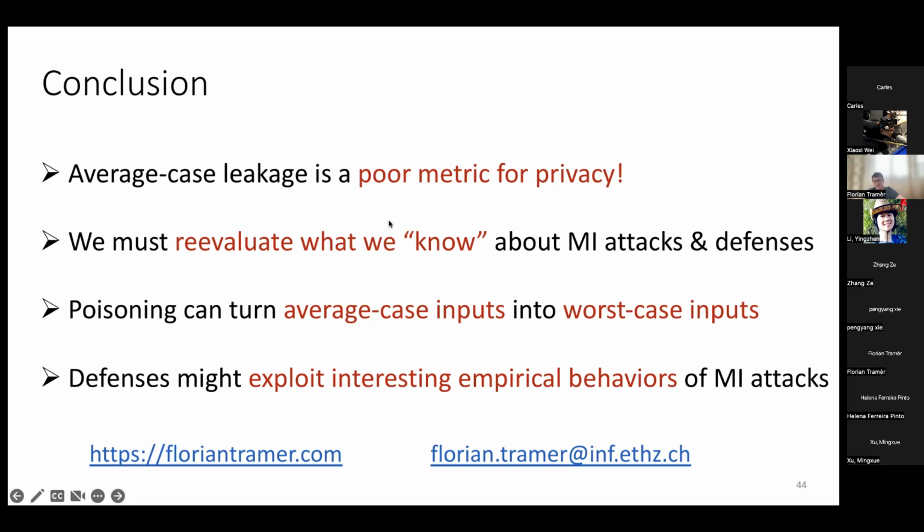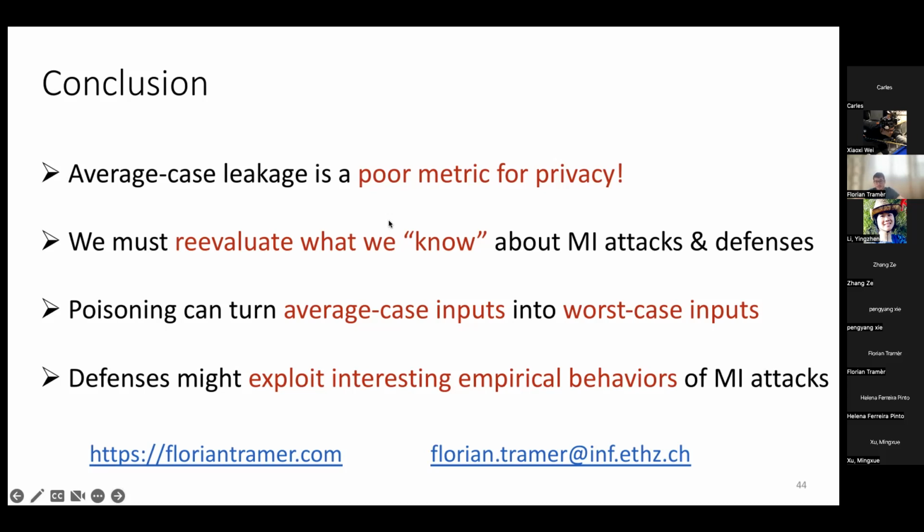But if you have a data set that's properly deduplicated and you train with differential privacy, then you provably prevent these kinds of attacks. You provably prevent an adversary from being able to extract individual training examples.